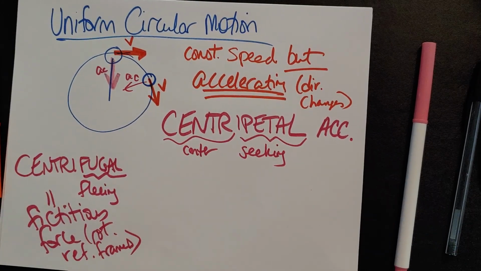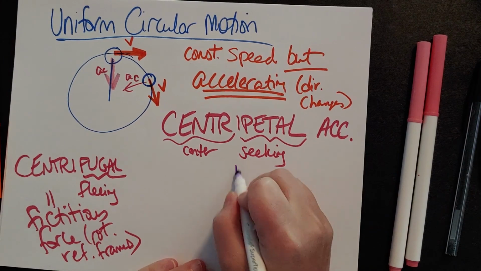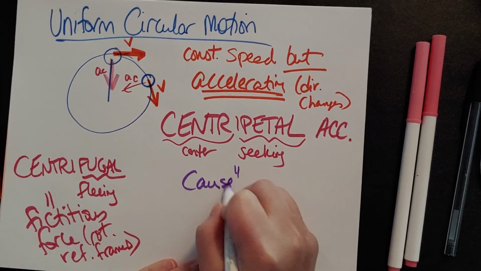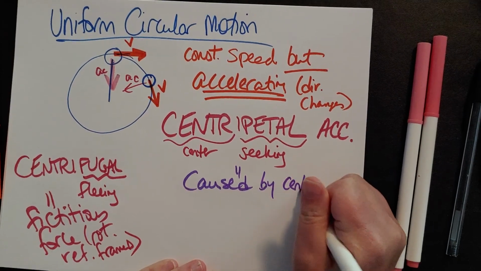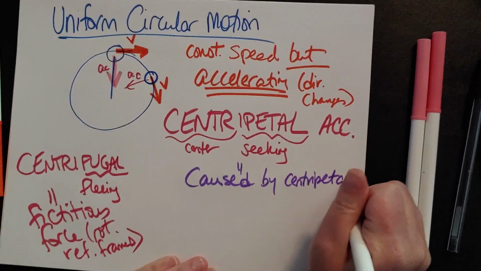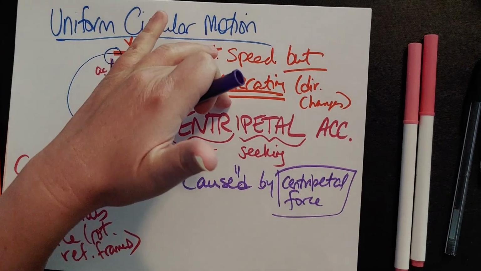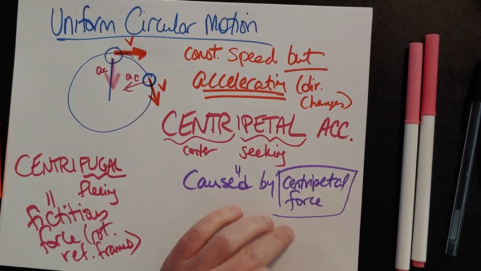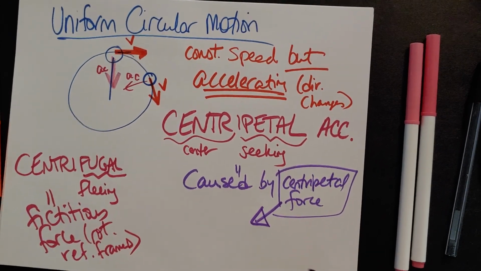So centripetal acceleration is caused by, right? Accelerations are caused by forces, and the force that causes the centripetal acceleration is called the centripetal force. But be careful. This is not just a magical force.